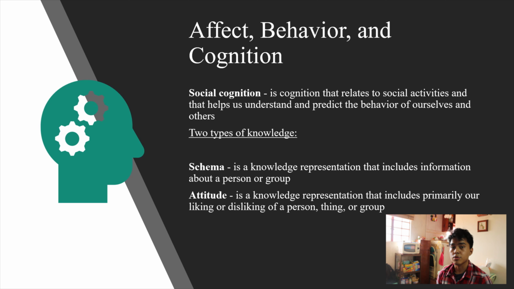So there are two types of knowledge, schema and attitude. Schema is knowledge that represents the information about a person or group, while attitude is knowledge that represents primarily our liking or disliking of a person, thing, or group.